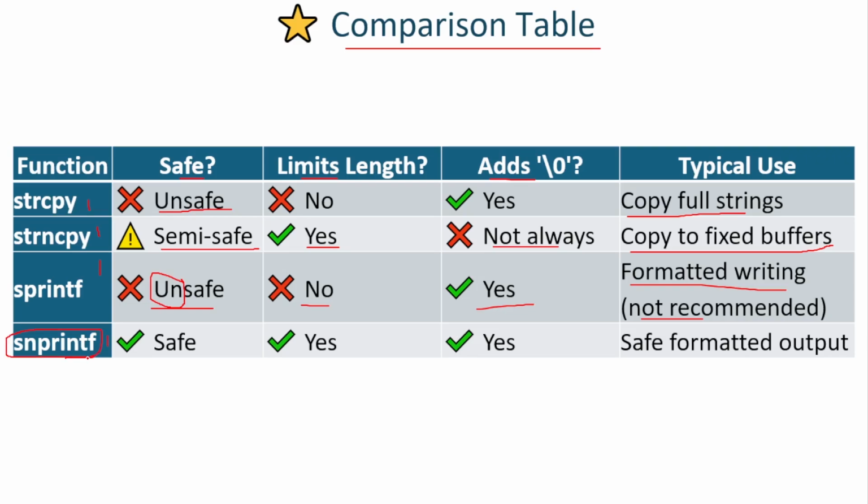Finally, snprintf is the safe alternative. It always respects the buffer size you specify and guarantees proper null termination as long as the buffer size is greater than 0. This makes snprintf the recommended choice for formatted output when working with strings in C. It helps prevent buffer overflows and it's widely used in professional and embedded applications.